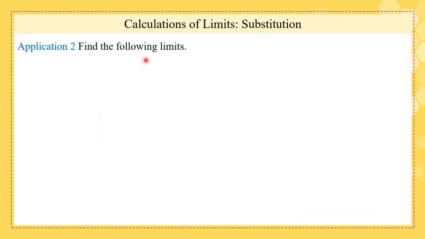Now, let's see some applications. The question is to find the following limits. This is the first limit. Please try to find it, pause the video, and then compare your answer with the given answer.